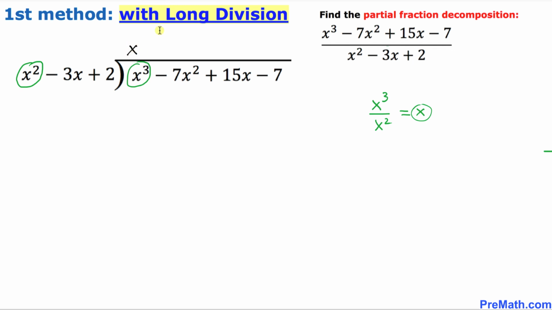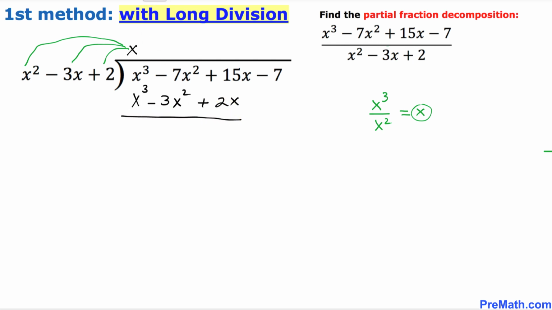Now we are going to multiply this x across the board, and that is going to give us x power 3 minus 3x squared plus 2x. And now in the next step, we are going to change the sign. This positive x power 3 becomes negative, this negative becomes positive, and this positive becomes negative.